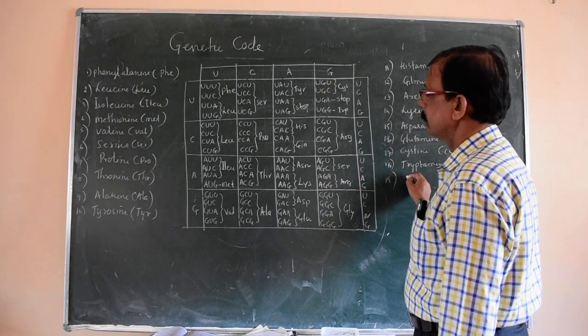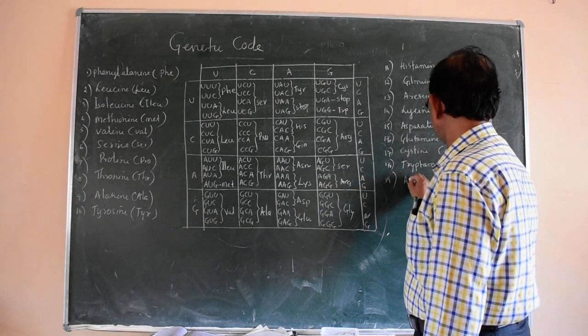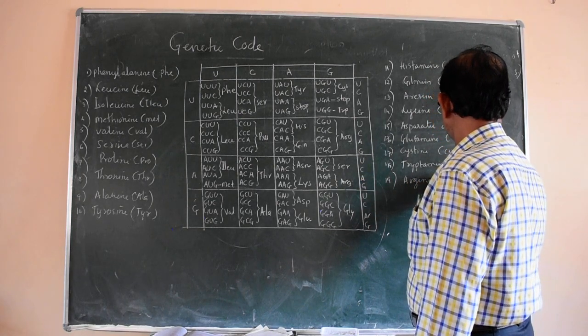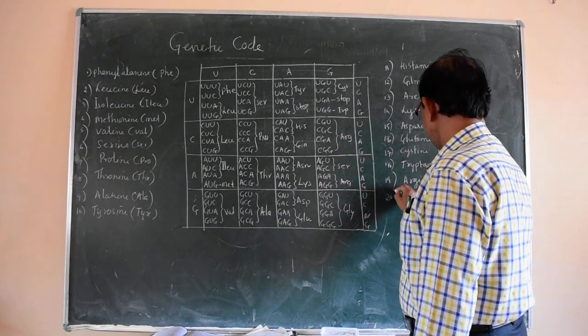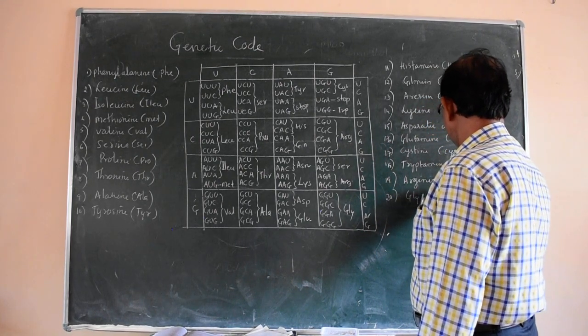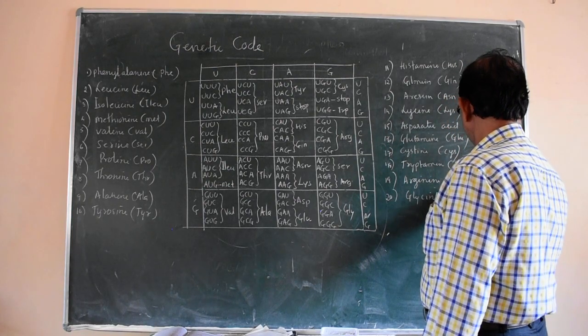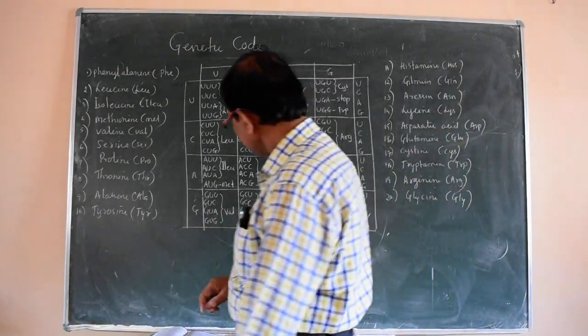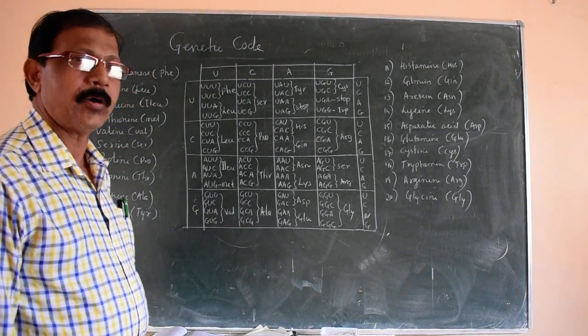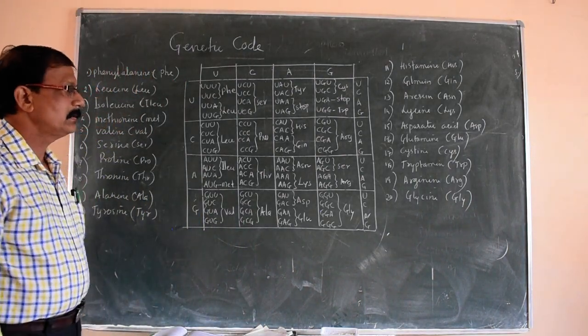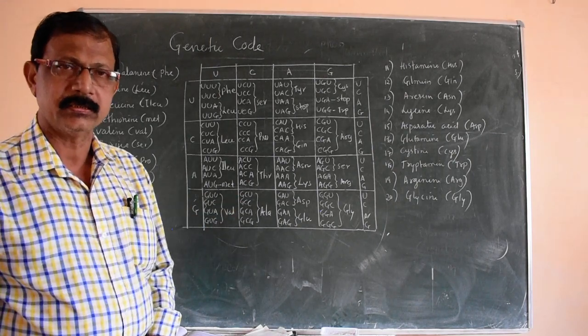Serine is more, I think. Yes, over. Next, arginine, ARG. And last, 20, glycine, GLY. See, these are the 20 different types of amino acids.